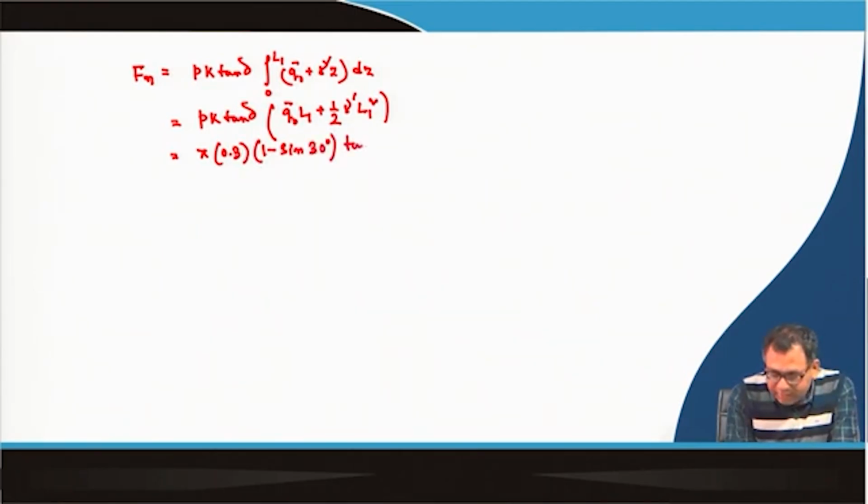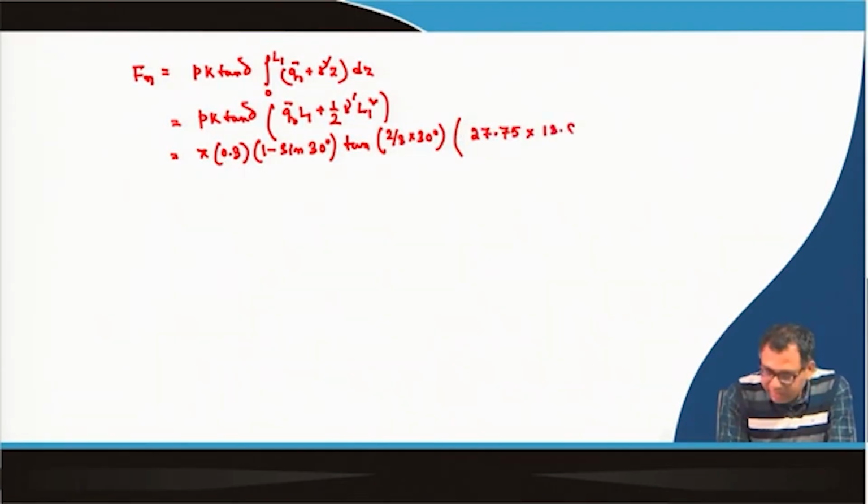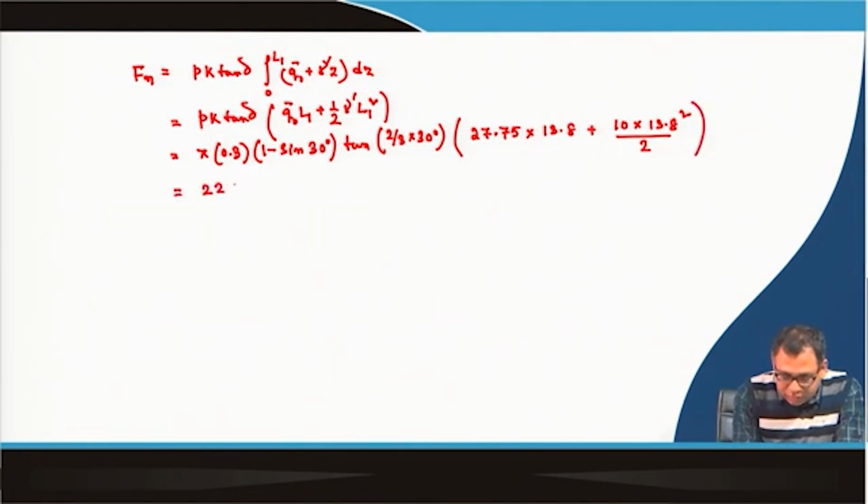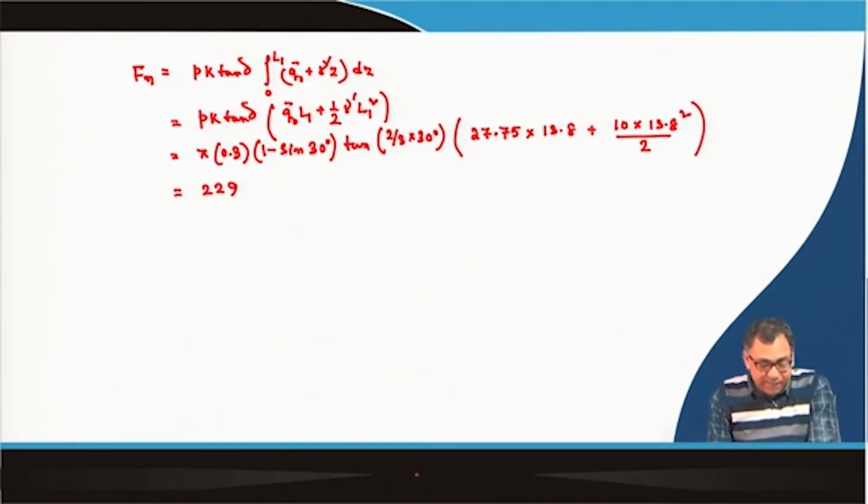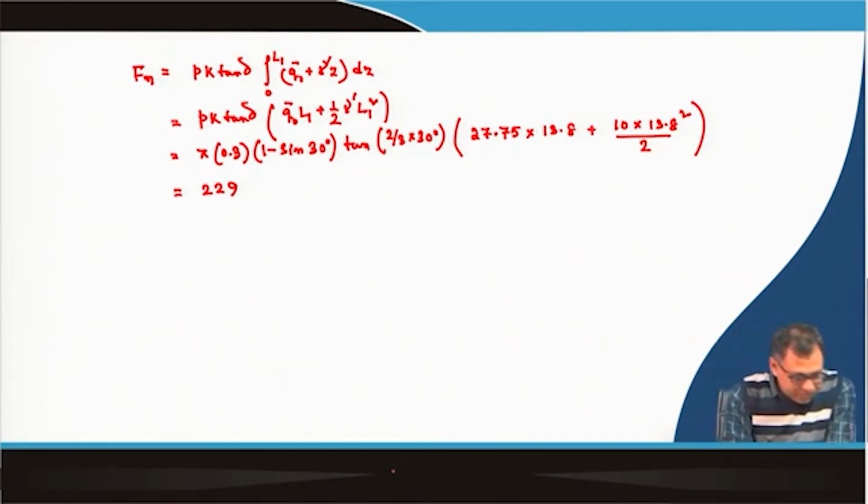So, tan delta again we are taking the same value 2/3 of phi. Then q 0 bar 27.75, L1 is 13.8 plus gamma dash is 10, L1 is 13.8 square divided by 2. So, this value is 229. So, 229 is the negative skin friction that is acting in the pile. So, that we have determined.